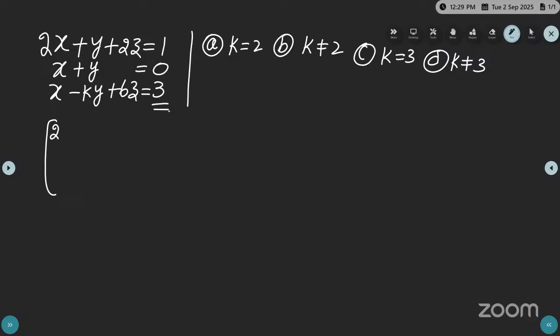Write down: the given system is non-homogeneous. Now consider the augmented matrix: 2, 1, 2, 1; 1, 1, 0, 0; 1, minus k, 6, 3.